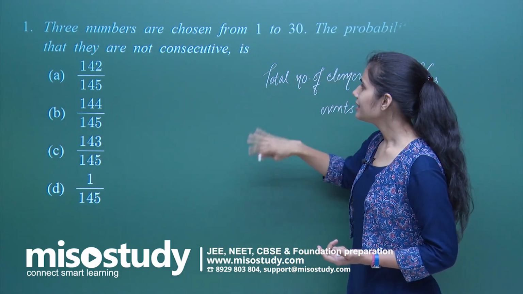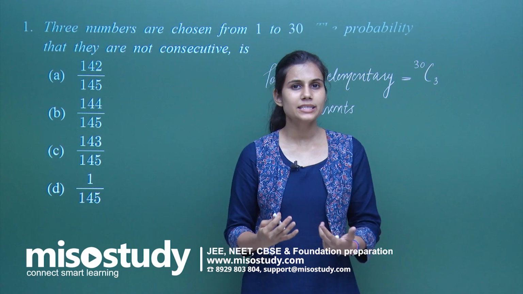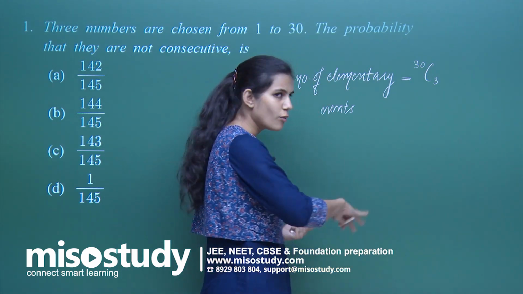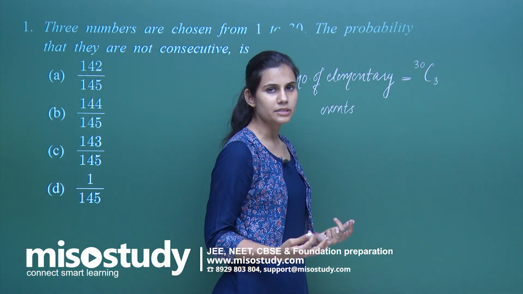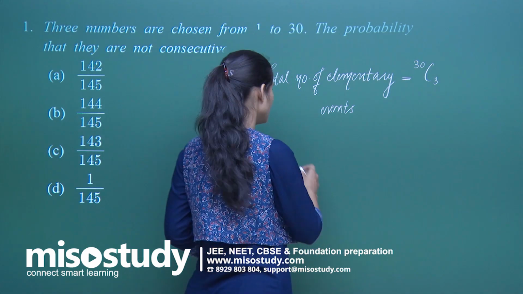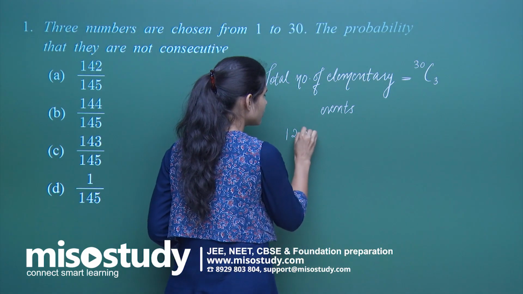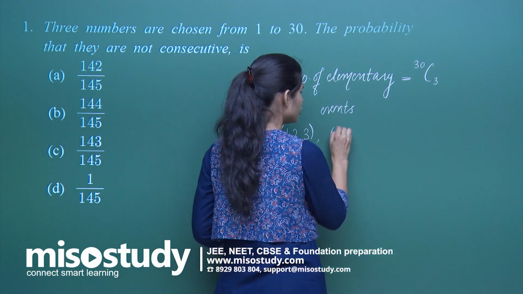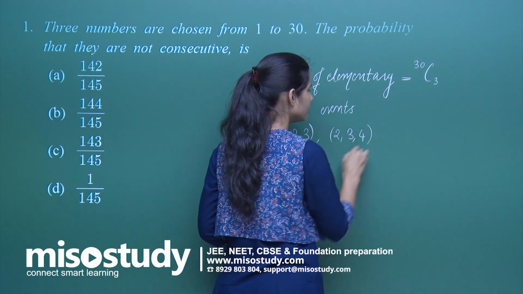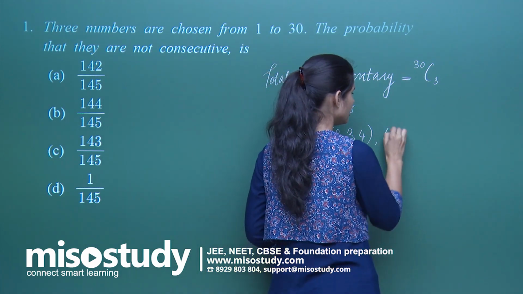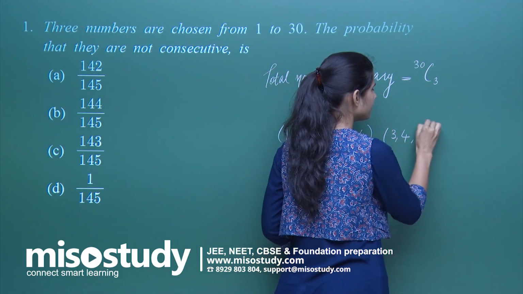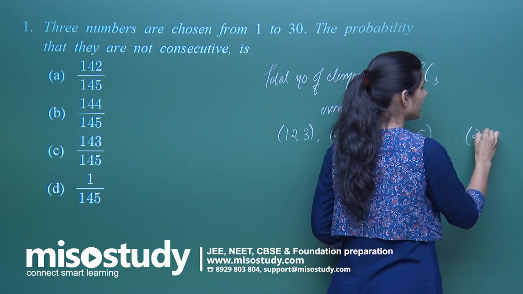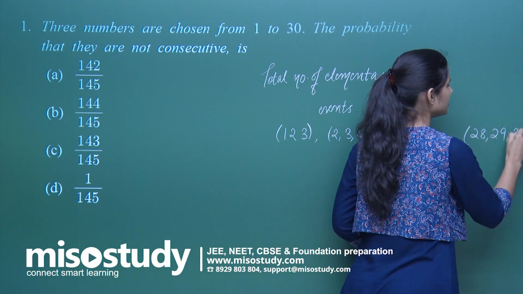What is the probability that they are not consecutive? So how can you basically start approaching it is, from 1 to 30, you are choosing 3 numbers. In how many ways can they come out to be consecutive? You can have 1, 2, 3, or 2, 3, 4 consecutive, 3, 4, 5, and in the end you can have 28, 29, 30.